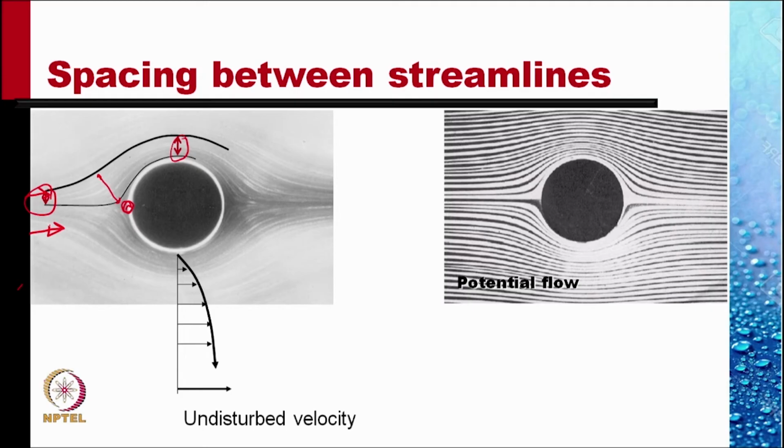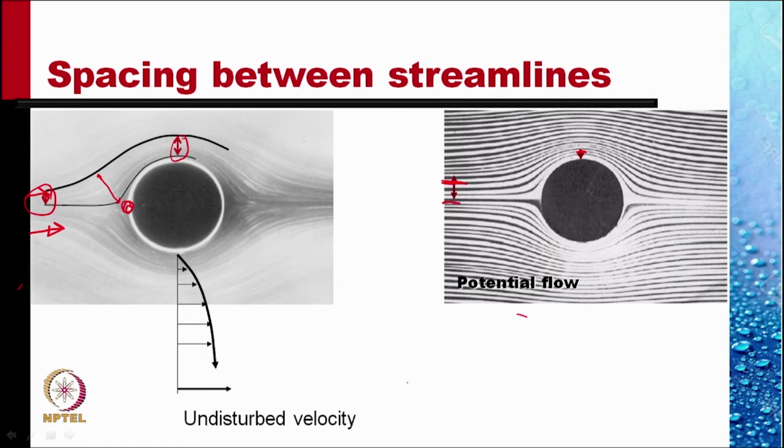There is no boundary layer, there is no separation in this flow. Notice that in this case, the distance between two streamlines is much larger upstream than on the shoulder.